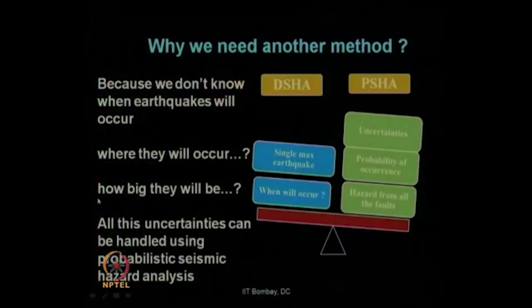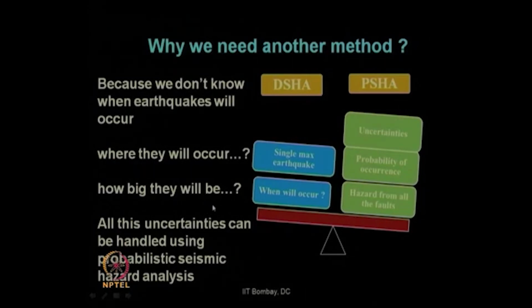So, we should not use that value which has an occurrence of once in 200 years, because that will be more unrealistic. Rather than that, we should select such a value which has a probability of occurrence of once in 50 years time. That value of maximum earthquake we need to consider. So, how big a magnitude we need to select based on the chances of occurrence also needs to be addressed.